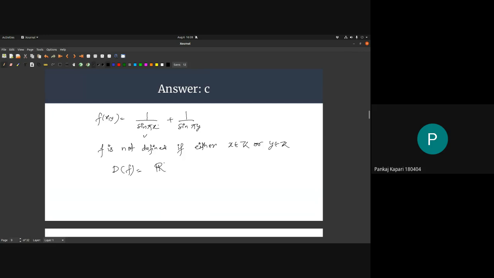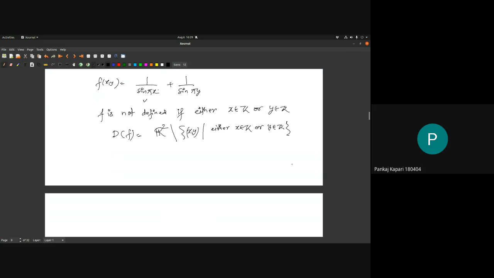You can take whatever you want from the whole plane R2 except those points xy where either x belongs to Z or y belongs to Z. Except this set, the function is always well defined, right?